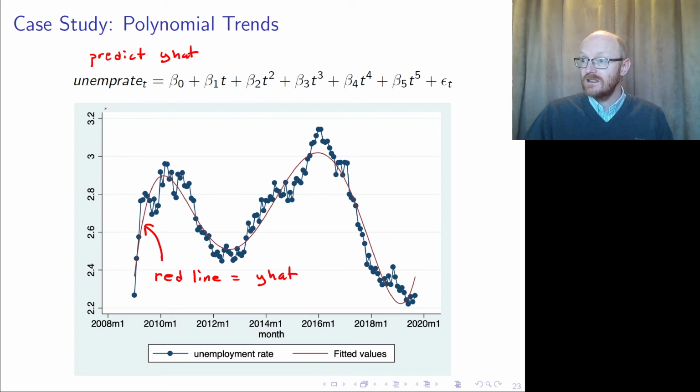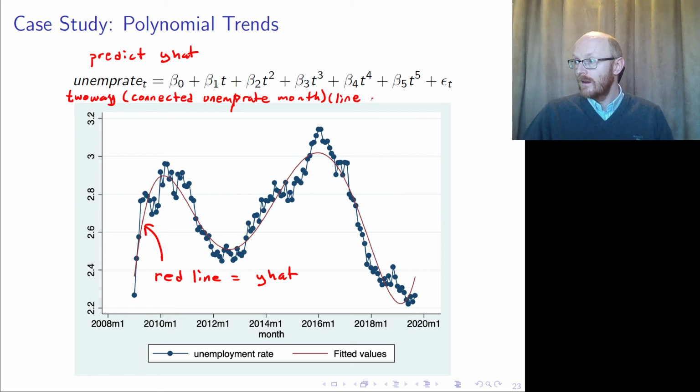So this you would create by writing, let's say, twoway connected, the unemployment rate and month, and then you would just add the line of y hat and month.